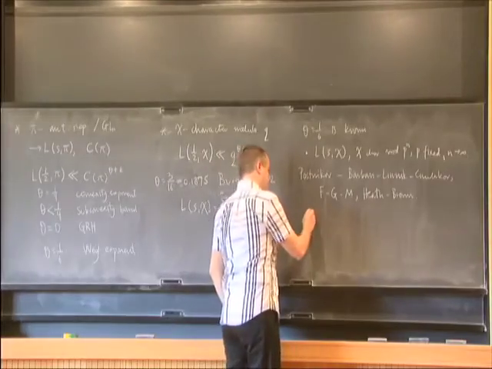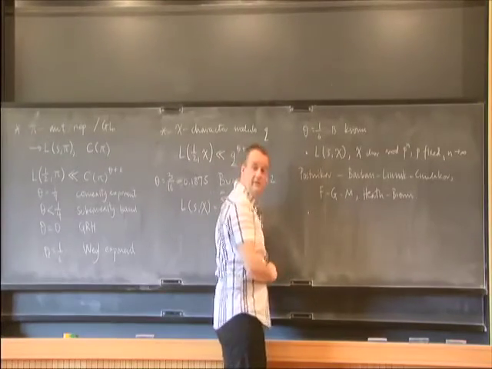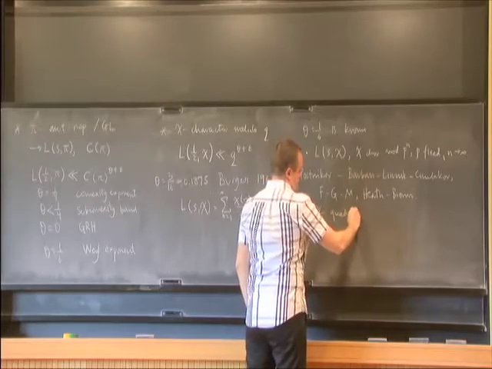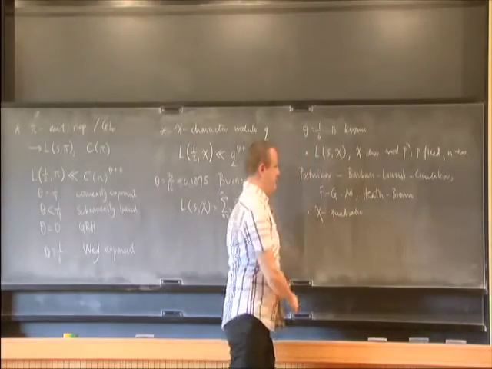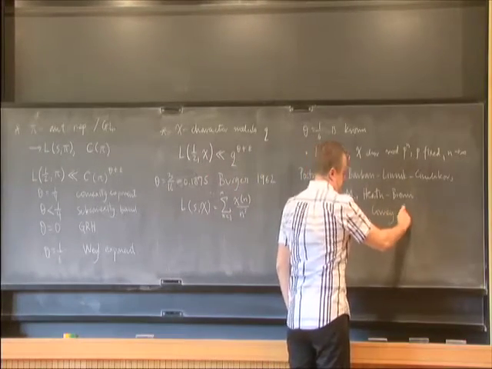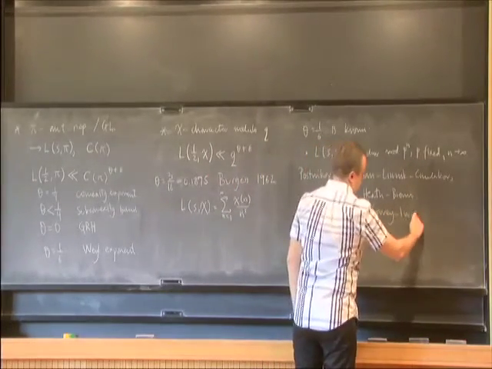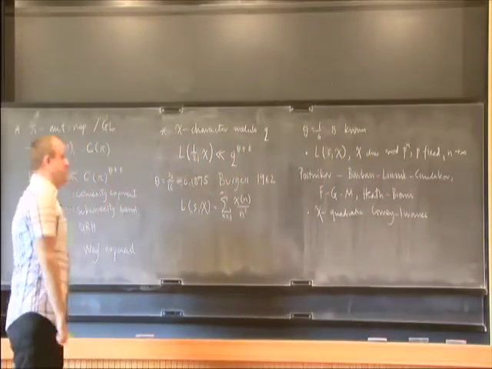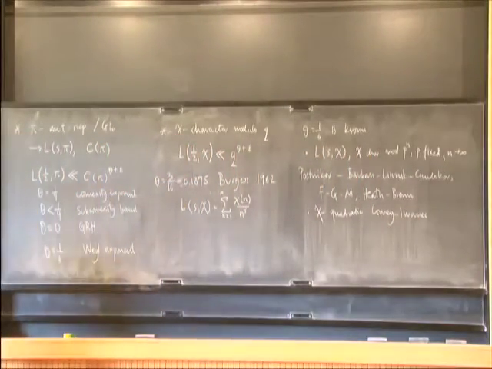And the other class in which it is known, by very different techniques, is when chi is a quadratic character. So this was a brilliant paper of Conrey and Iwaniec that appeared in the Annals around 2000, I believe. So these are the two situations in which the Weyl exponent is known.